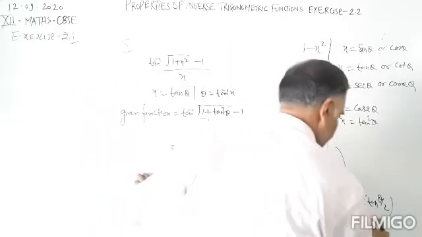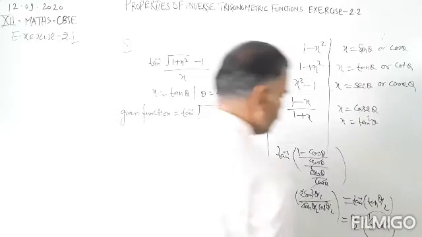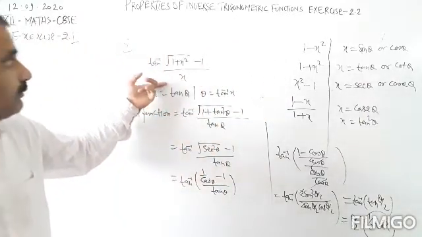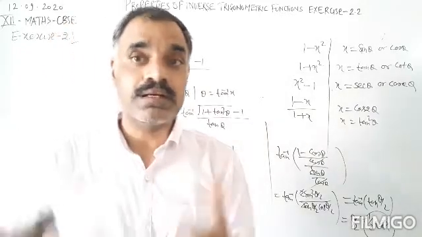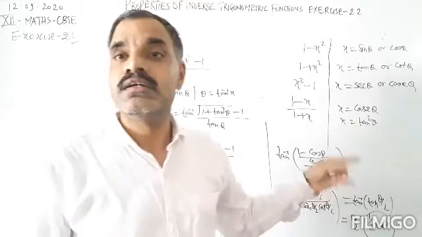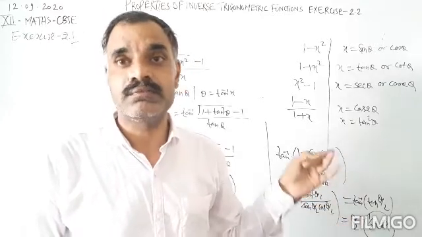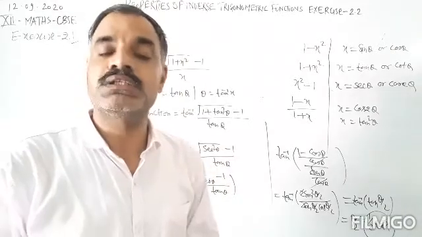So this is equals to 1 by 2 tan inverse x. Okay, so the given inverse trigonometric function that was somewhat complex, we have changed into a simple trigonometric function. Okay, now let us have the next question.